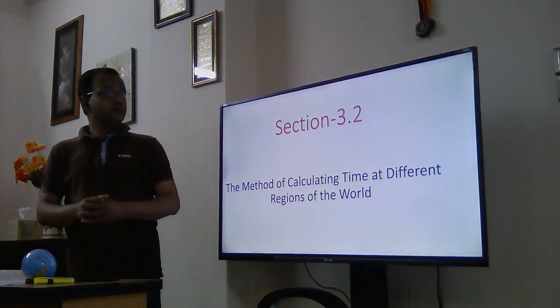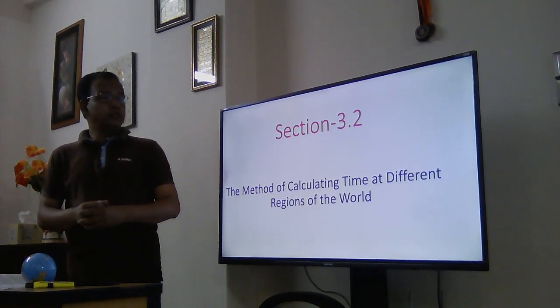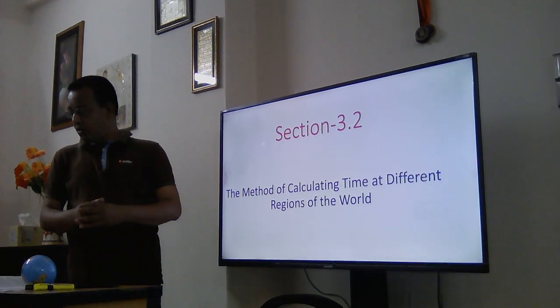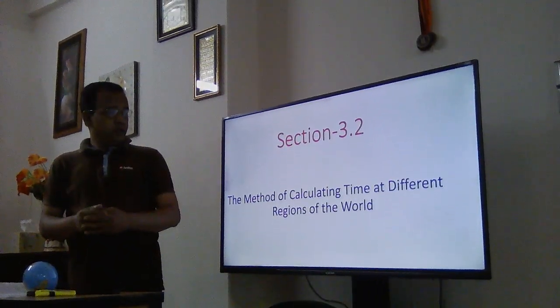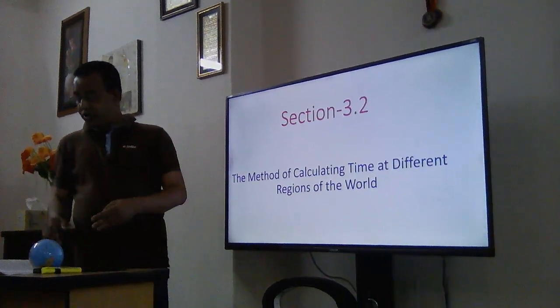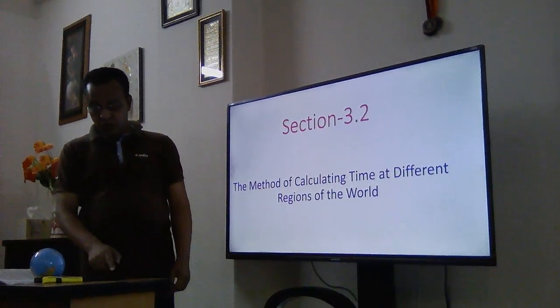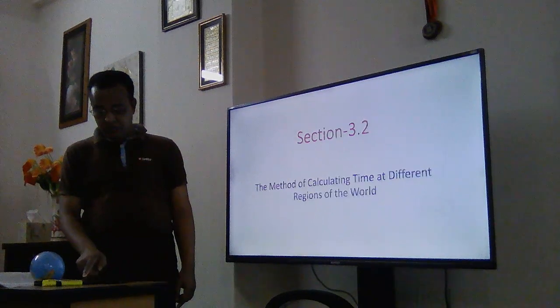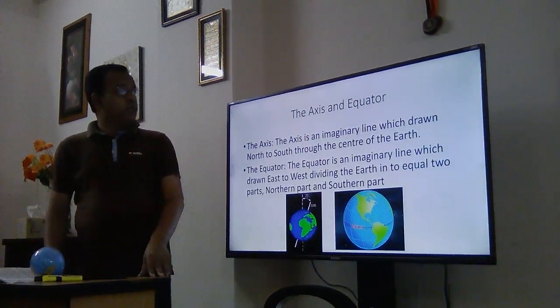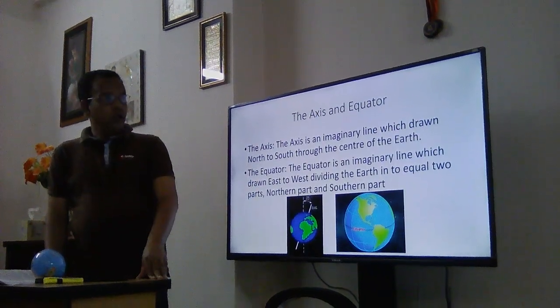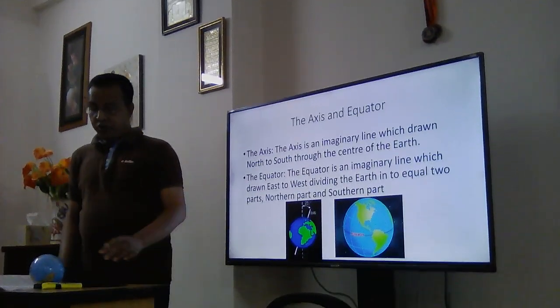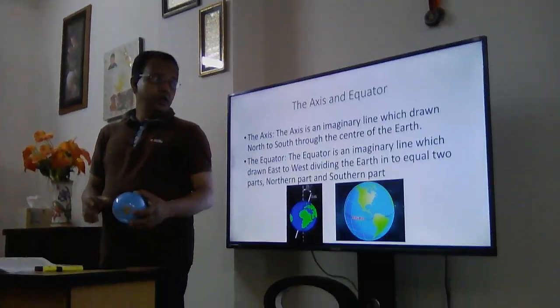Before that, you have to learn some definitions which will be helpful to find out the time calculation. First one, the axis and equator. Now you have to know what is axis and equator.